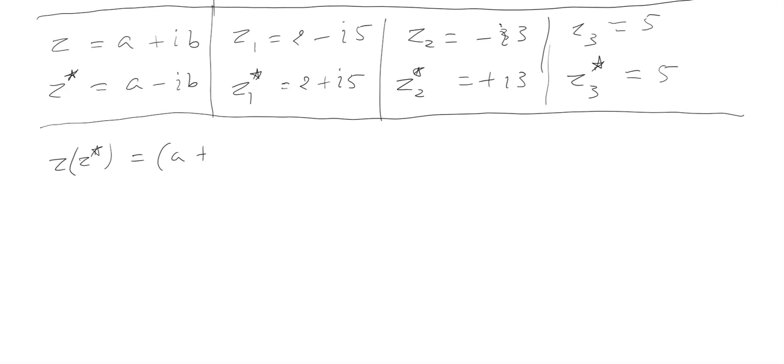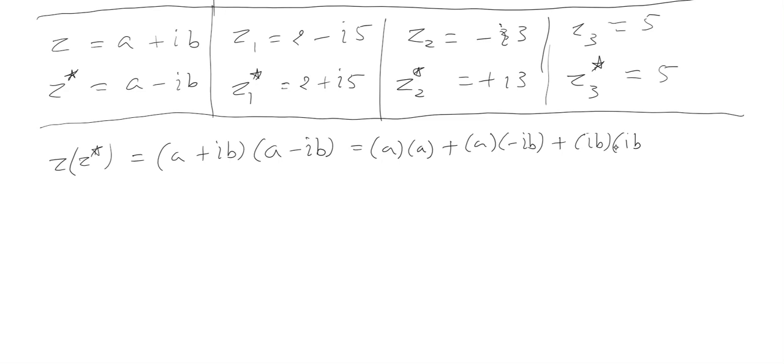So a plus ib to be multiplied with a minus ib. So a with minus ib, plus ib to be multiplied with minus ib, and ib to be multiplied with a.